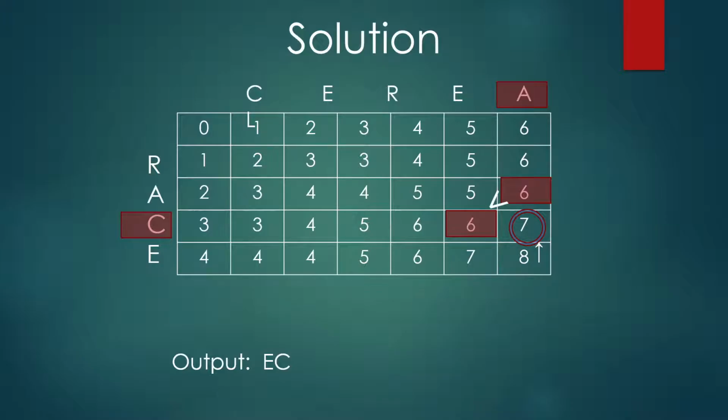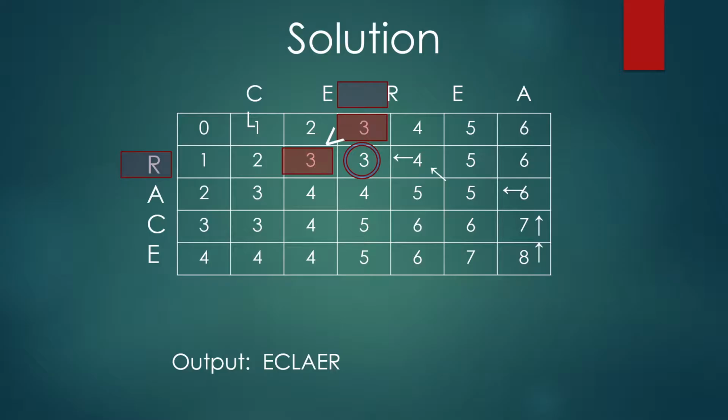If the characters are not the same, then we will compare the upper and left cells of the current cell. In that case, if the upper cell is greater, then we will append the current character of y to the output and shift one cell left, else we will append the current character of x to the output and shift one cell up.